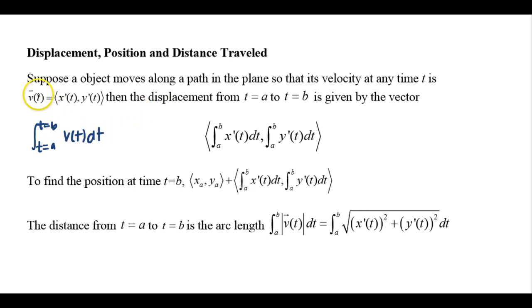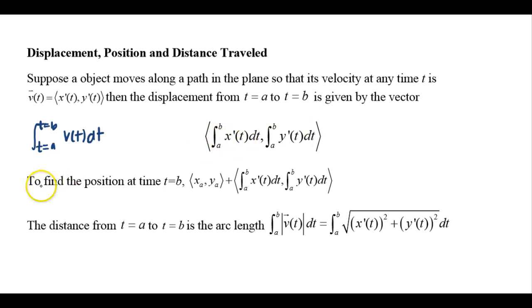So hopefully you can see, well, now I'm given a vector-valued velocity function which has two components, x prime of t, y prime of t. So if I need to find the displacement, I need to integrate each component separately. So that's where this formula is coming from: the integral from a to b of x prime of t and the integral from a to b of y prime of t, each is their own component in a vector.